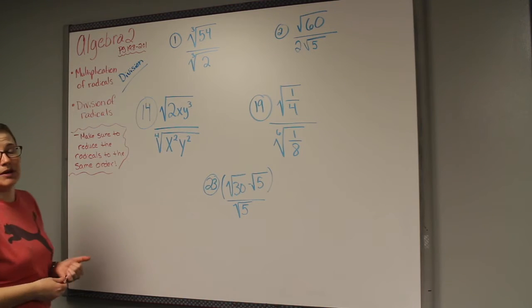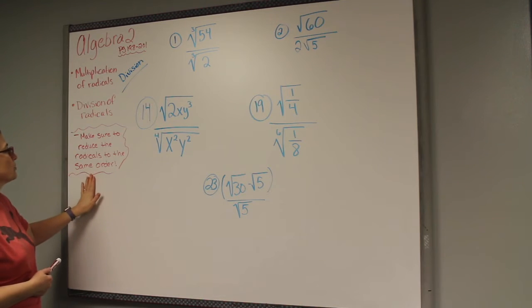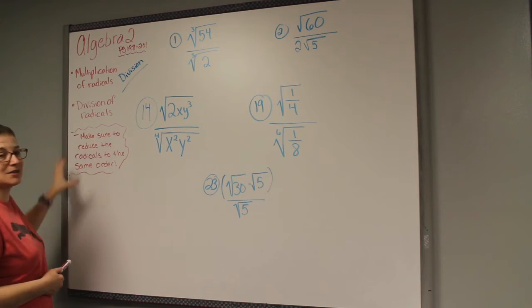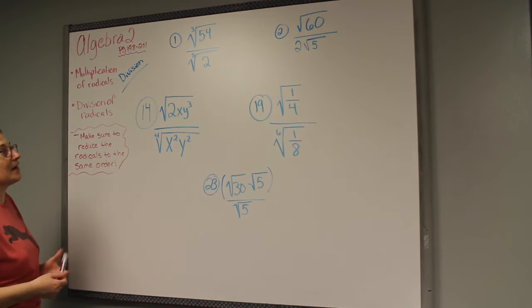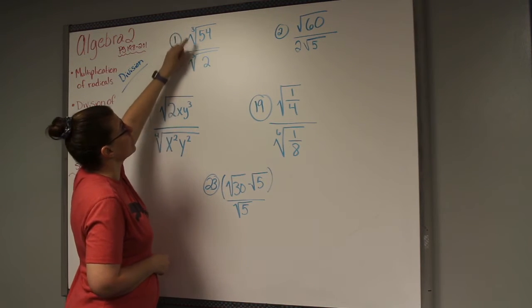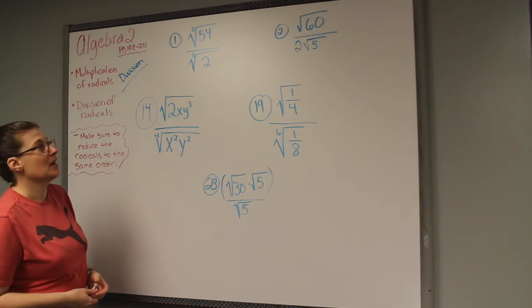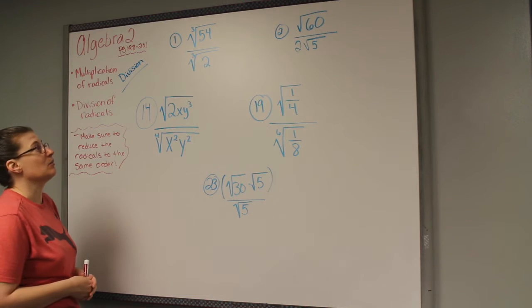The rules of multiplication and division are practically the same. Make sure to reduce the radicals to the same order. That's what this says if you can't see it. That is the big deal. If they don't have the same index, this little 3 and this little 3, you can't work them out until they do, which is the whole point and the long point of this.